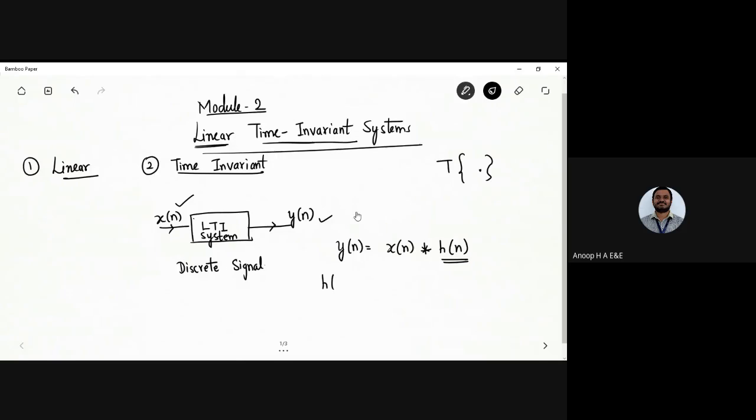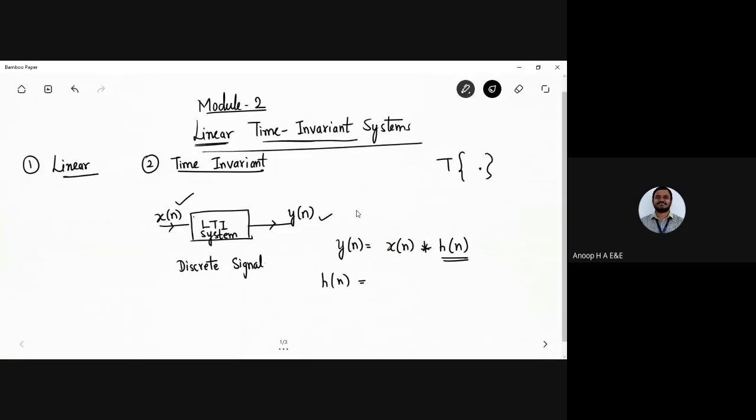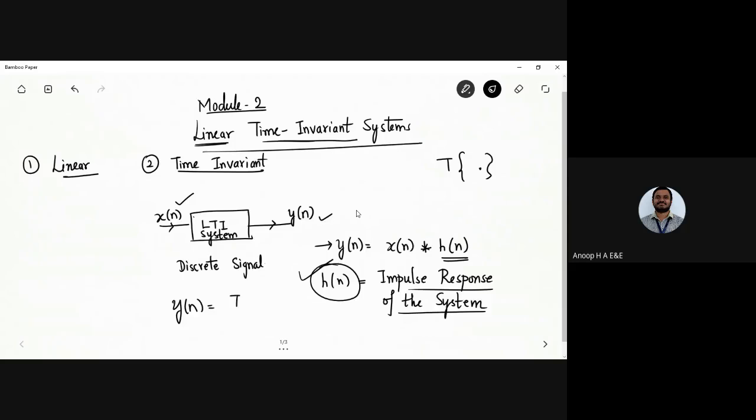h of n is said to be the impulse response of the system. Now, with respect to the output y of n, how can I write it in terms of the T operator?